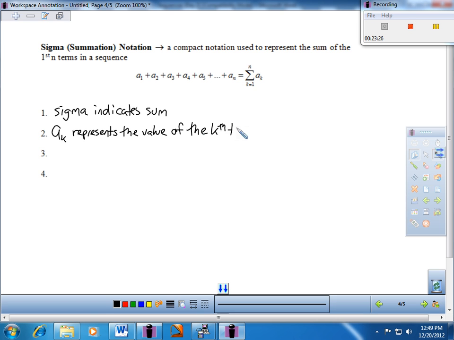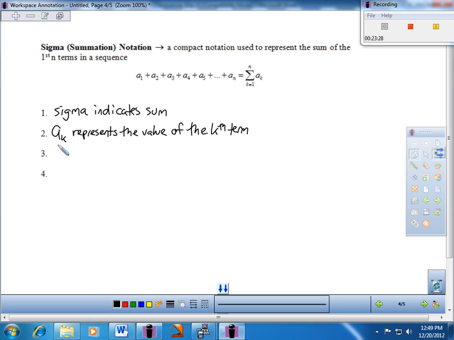So k just sort of substitutes n as our independent variable. So rather than using n, because n is actually used elsewhere in this notation, we're going to use a k as a different variable there. But it basically means the same thing. K would be your input, a sub k would be your output, the value of that particular term.